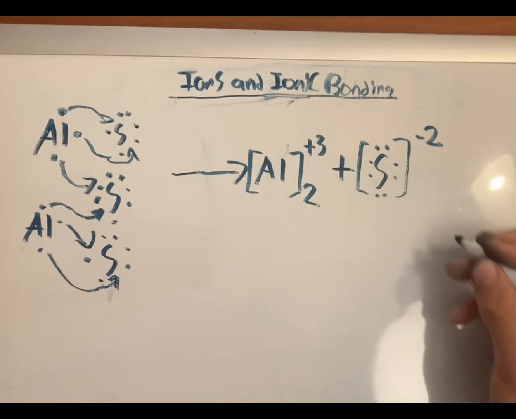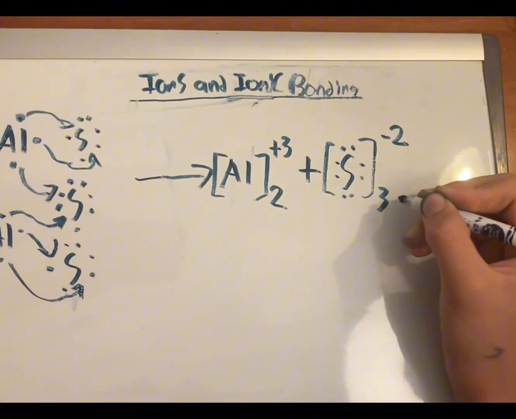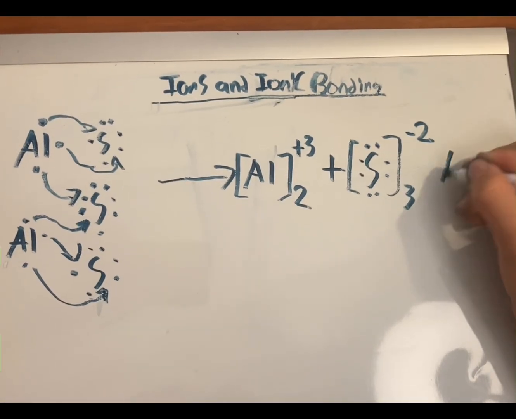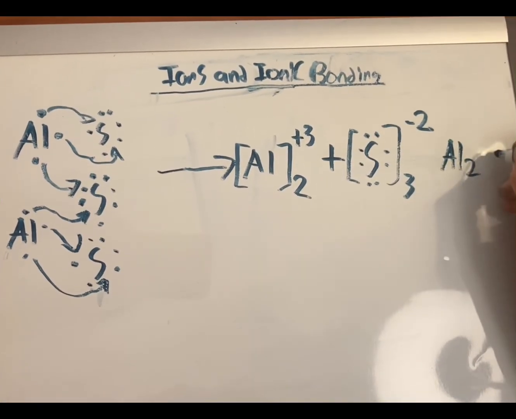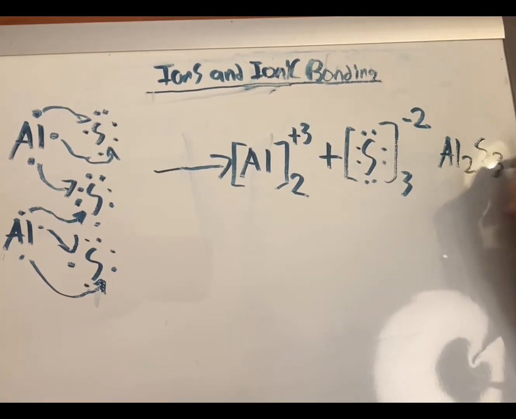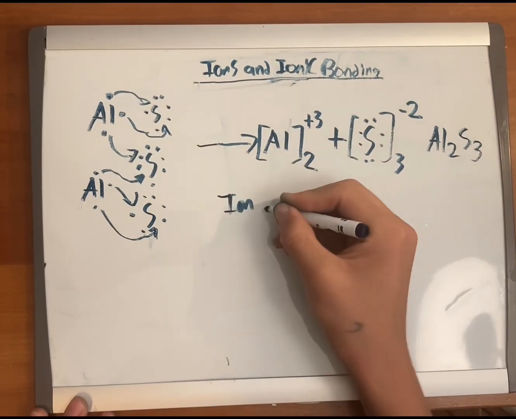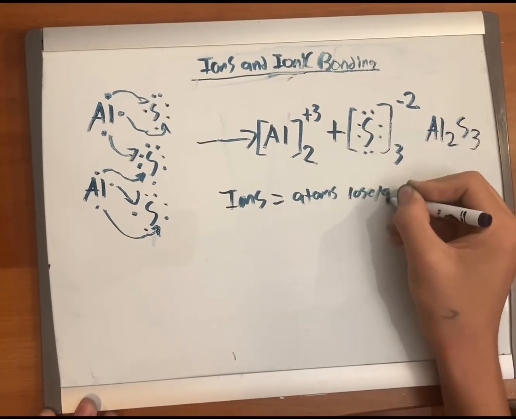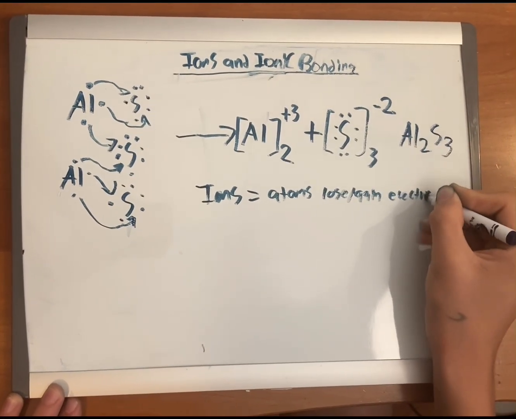Since there's 3 sulfurs, we put a subscript of 3 at the bottom. This creates aluminum sulfide, which the formula we can write as Al2S3.